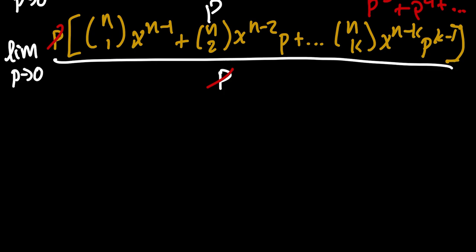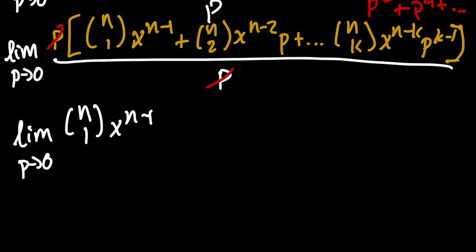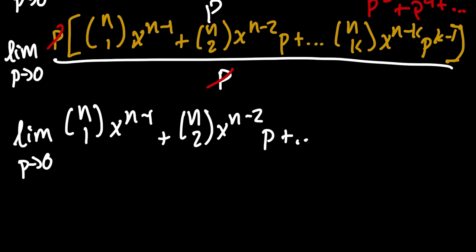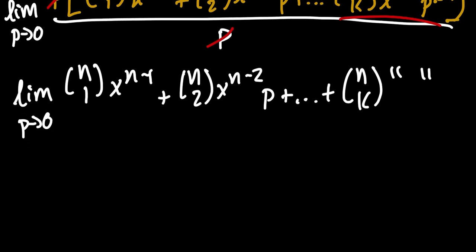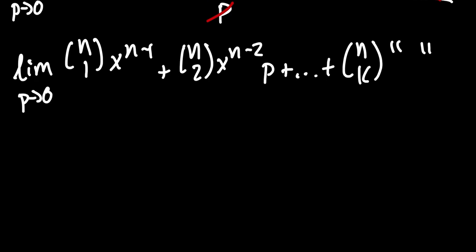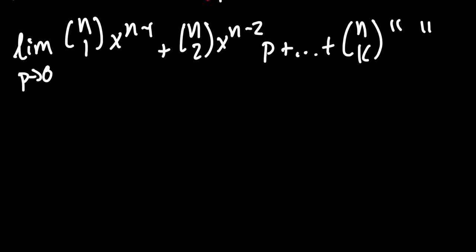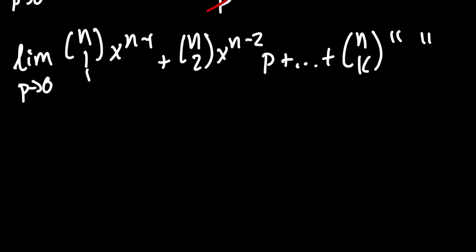So we're going to have the limit as p approaches 0 of n choose 1 times x to the n minus 1, plus n choose 2 times x to the n minus 2 times p, plus dot dot dot, plus n choose k, which I'm not going to write out because we know it's over here. Now, we know that any number choosing 1 is itself, so n choose 1 is just equal to n.